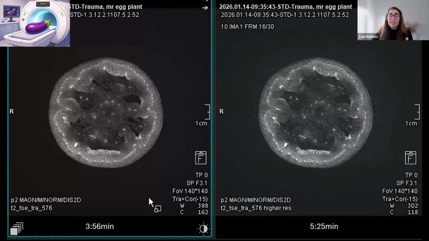Our practical recommendation for in-plane detail would be to reduce your field of view to the anatomy rather than simply increasing your matrix across a large field of view. What this will do is keep your matrix reasonable, control that time issue, and target that resolution where it really matters.